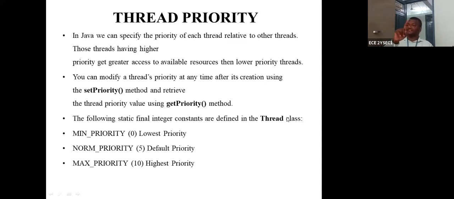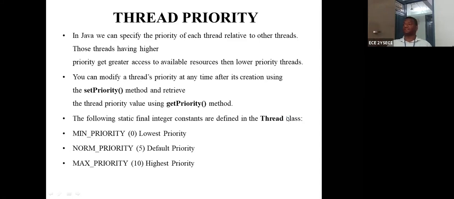Number two, if the time is not sufficient, it waits until the next time slot is allocated. Once the time slot is over, the next thread comes into the picture and is executed, and so on.